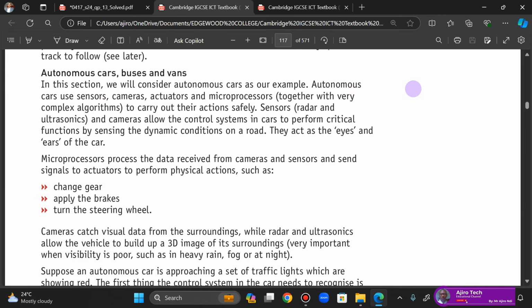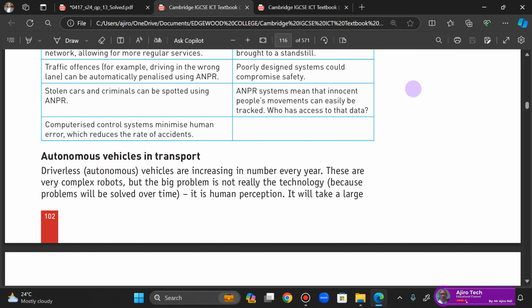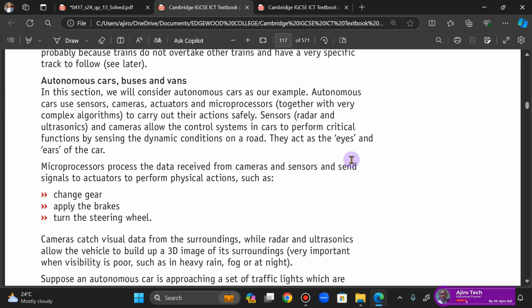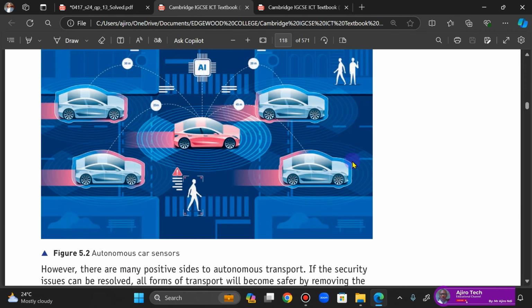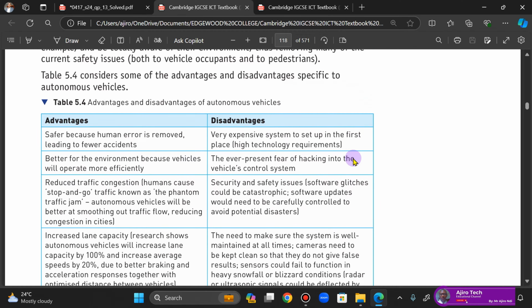Let me just show you. Autonomous vehicles are driverless vehicles. That's what we mean by autonomous. They are vehicles that can actually drive on their own. So here you see the advantages and disadvantages of autonomous vehicles.